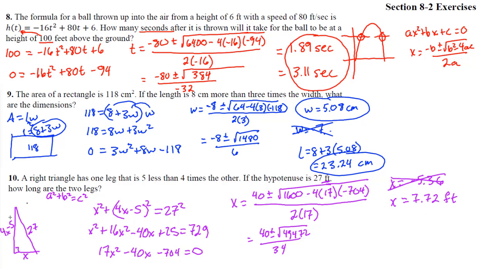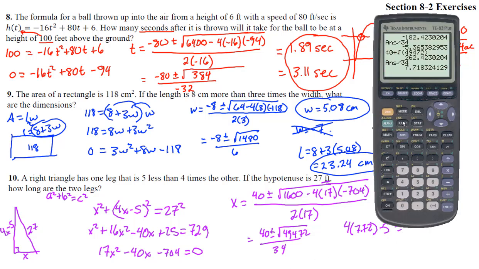Now the other one is going to be 4x minus 5. So 4 times 7.72 minus 5. Okay, on the calculator, let's go ahead and punch that out. We've got the number right there with all of its decimals. So if you round here and then use that rounded answer, you might be a little bit further off in your next answer.